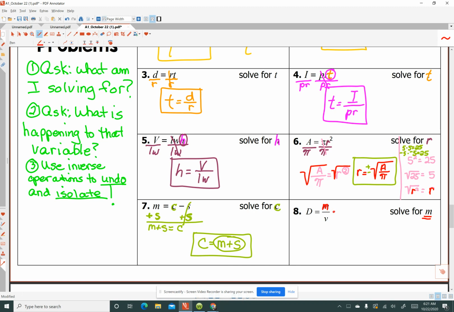Well, it's multiplying by V. So I'm going to multiply both sides by V. And that does isolate my M. So I'll have on one side of the equation, I have M. And on the other side of the equation, I have V times D. I like to put them in alphabetical order, D, V, and then I'll rewrite it with the variable that I solved for on the left, M equals dV.